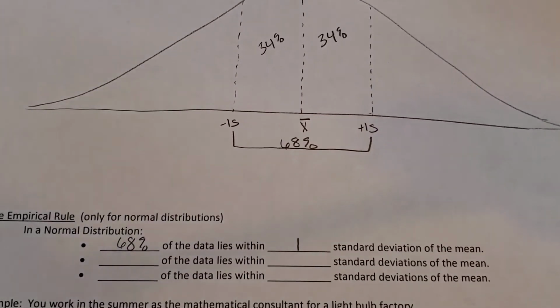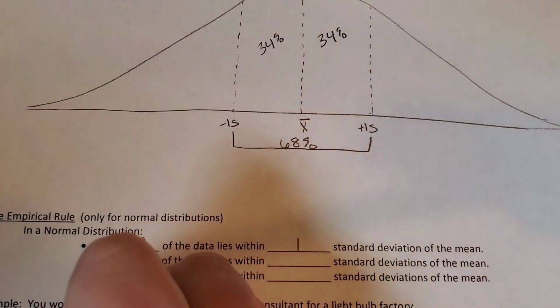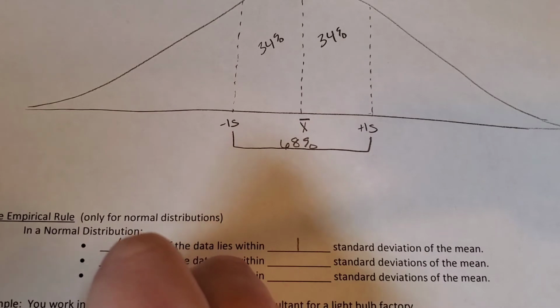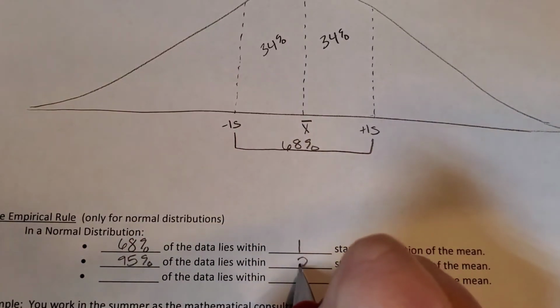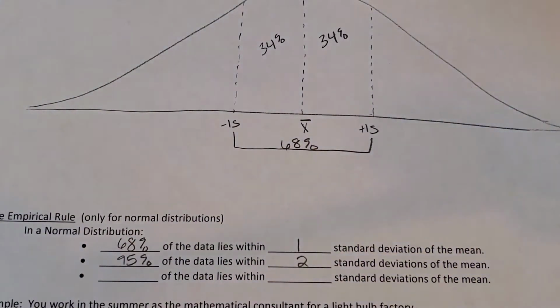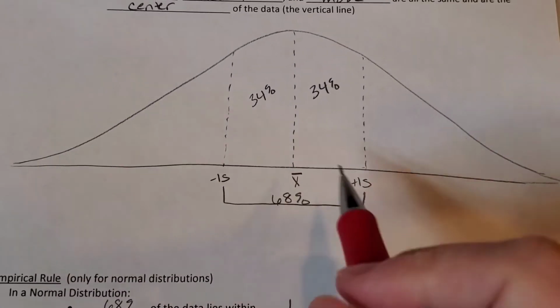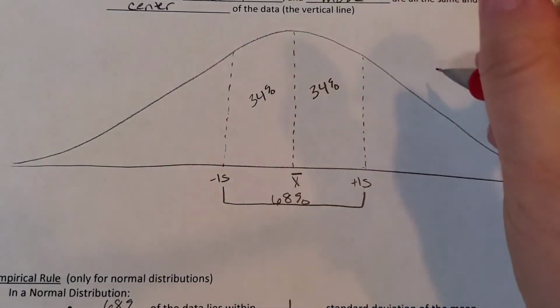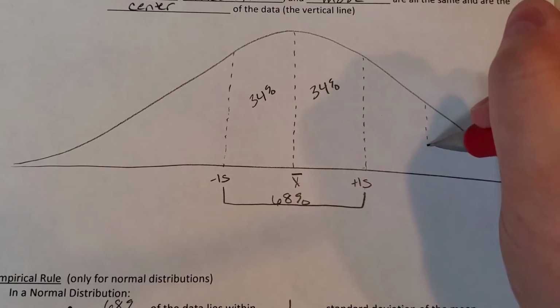Now, the normal distribution also says that 95% of the data lies within two standard deviations of the mean. That means if I take my mean, I add one standard deviation, I add a second standard deviation.